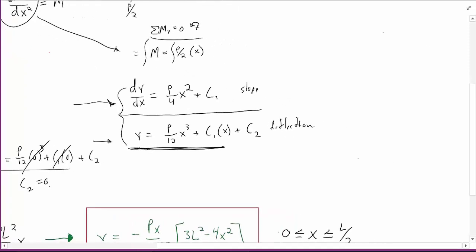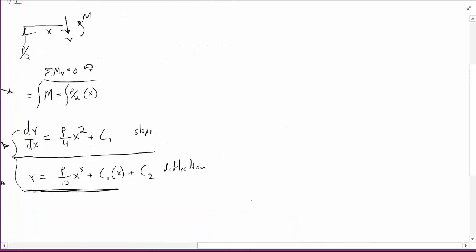So I'm going to use this equation here, the slope, and say the derivative of deflection with respect to x at point A is going to equal theta at A, which equals P multiplied to 0 squared over 4 plus c, which is our constant of integration.